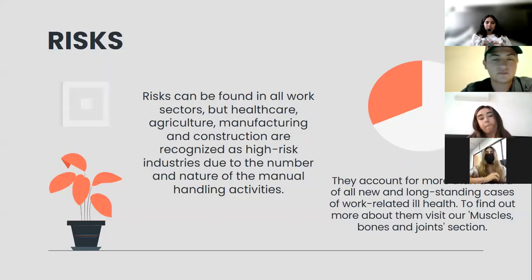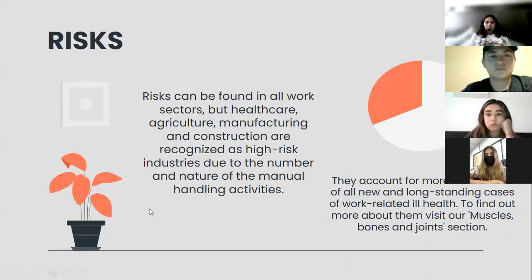As Maria just said, there are many risks in manufacturing, but we know that risks can be found in all sectors: healthcare, agriculture, manufacturing, and construction. In this case, the MAC helps to measure high-risk industries due to the number and nature of the manual handling activities.